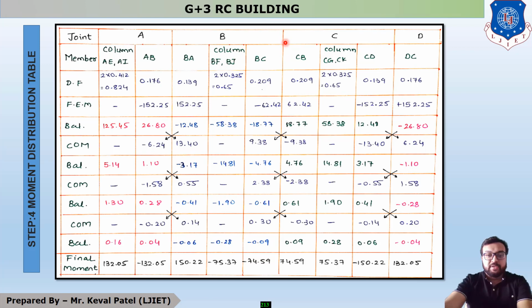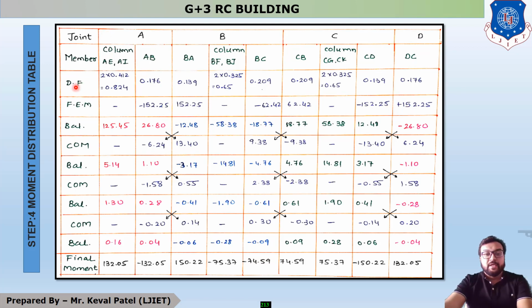And this is the mirror image from here. From C there are 3 members now instead of 4 because we merge all the columns: CB, columns CG and CK, and CD. And D is the mirror image from here.